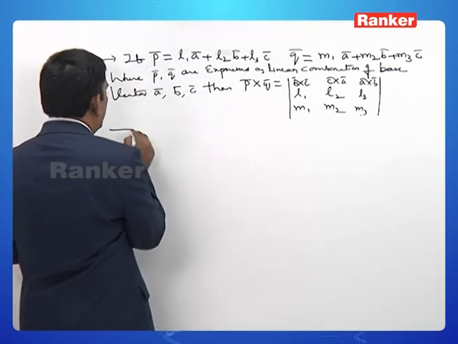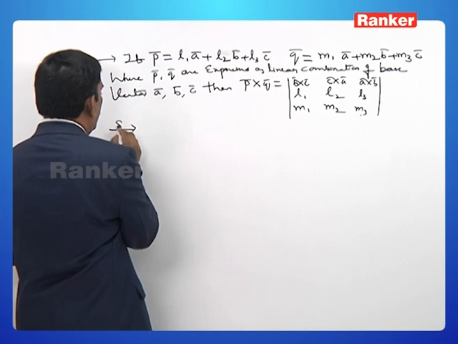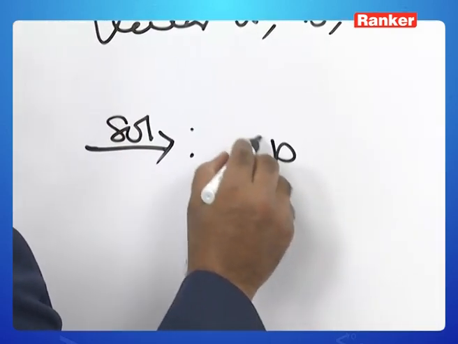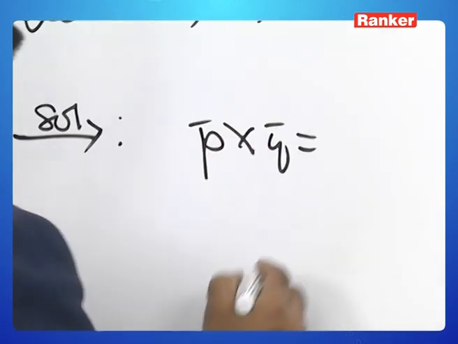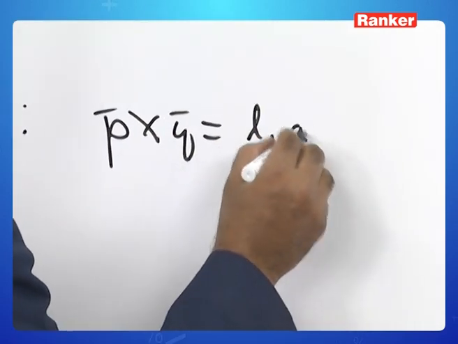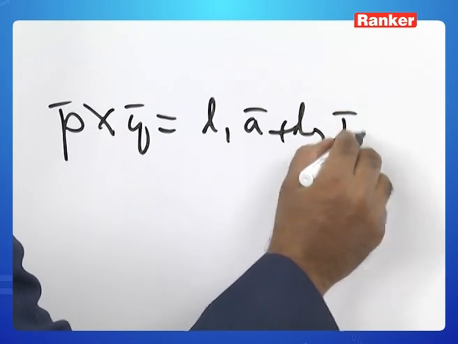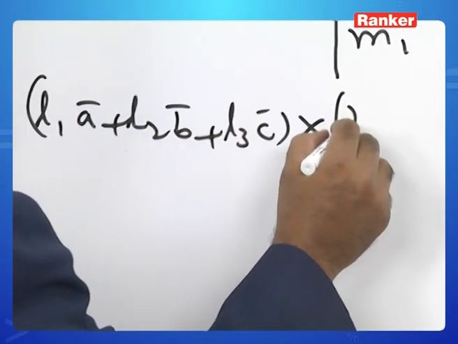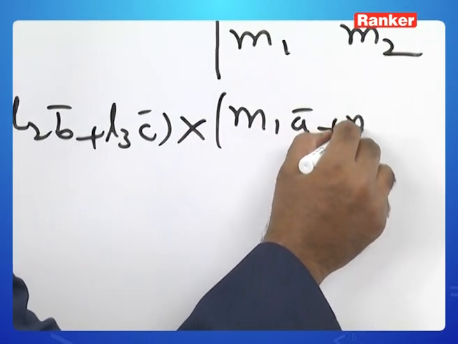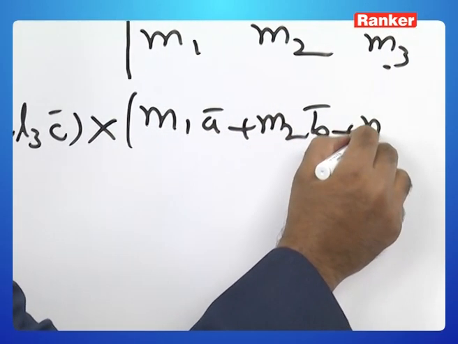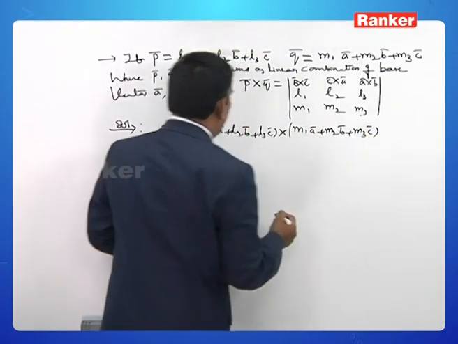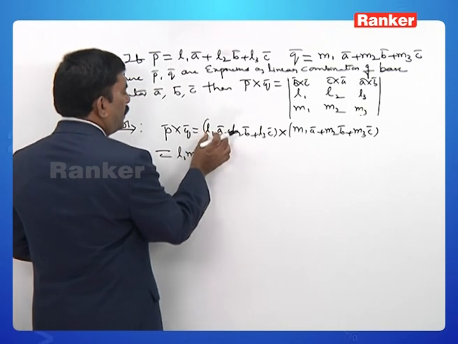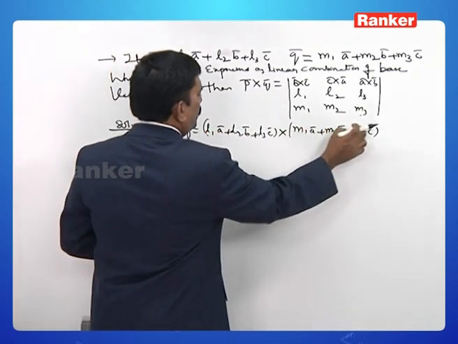The solution is, start with P bar cross Q bar: L1 into A bar, L2 into B bar, L3 into C bar, next M1 into A bar, M2 into B bar, M3 into C bar. Now take the cross product of each term with each term.